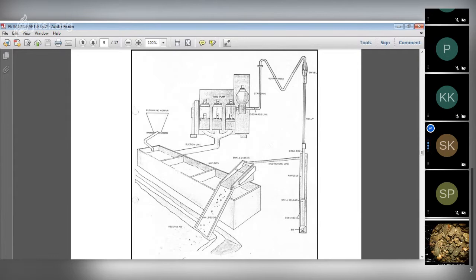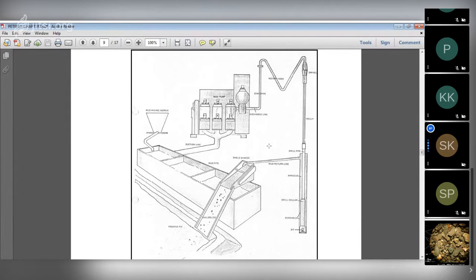The top drive is what we use to give the RPM for drilling, and then the rest of the things are connected to the top drive.